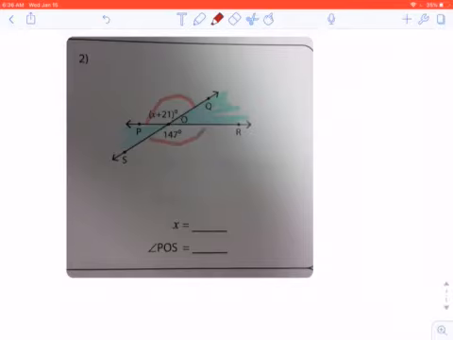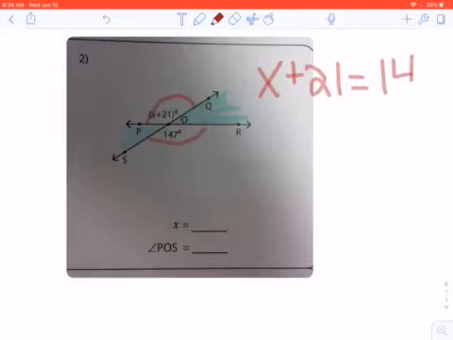Vertical angles are equal to each other. They have the same measure. So that means that x plus 21 has to equal 147. So solve it like it's an equation. 147 minus 21 gives us x equaling 126.